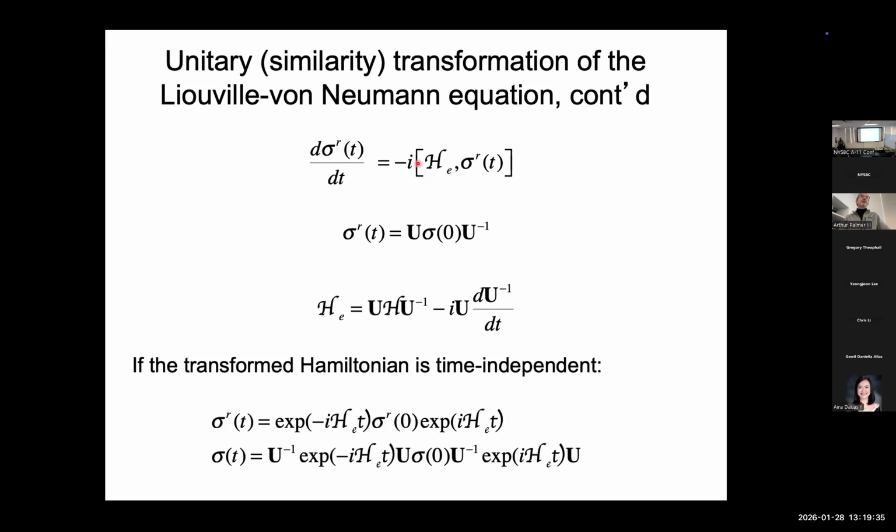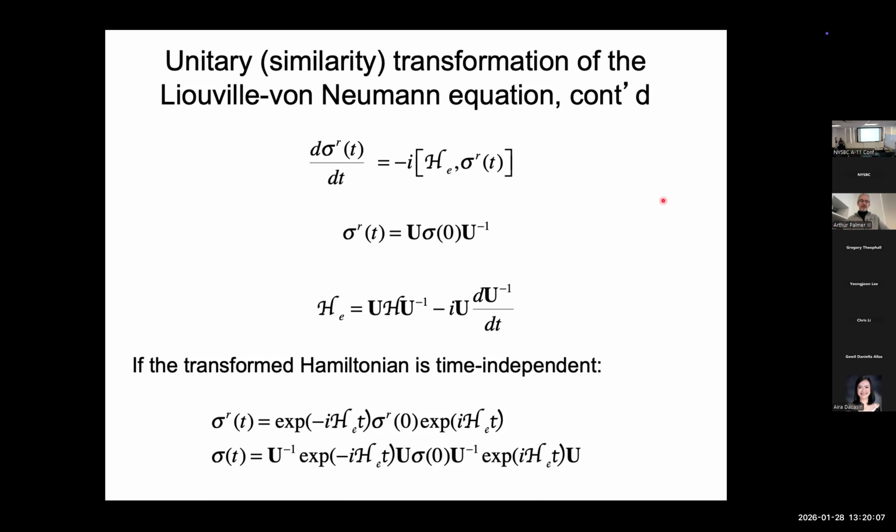But we'll try to get to a frame where the time dependence is as simple or small as possible, to where we then might be able to apply some approximations that are good enough for our needs. And if we can't, we're going to just have to go back to brute force computer calculations. Most of the time, there are transformations that will at least simplify the problem that we have to solve.